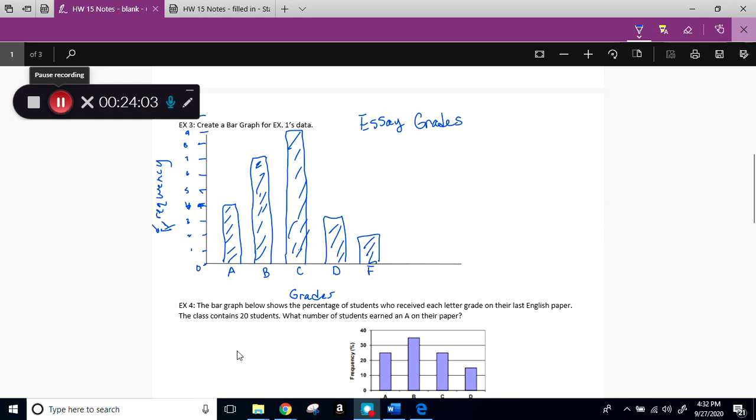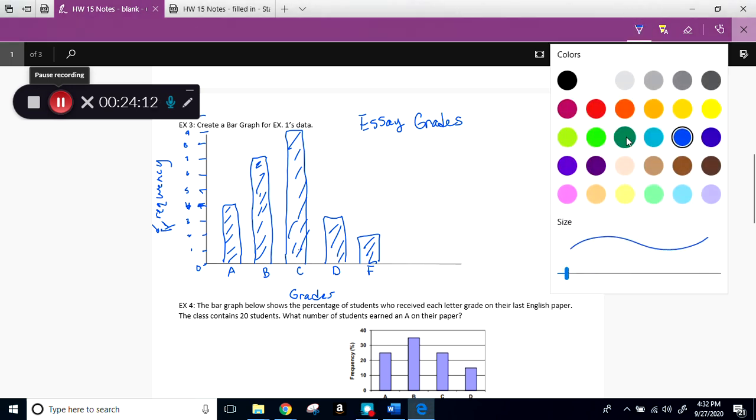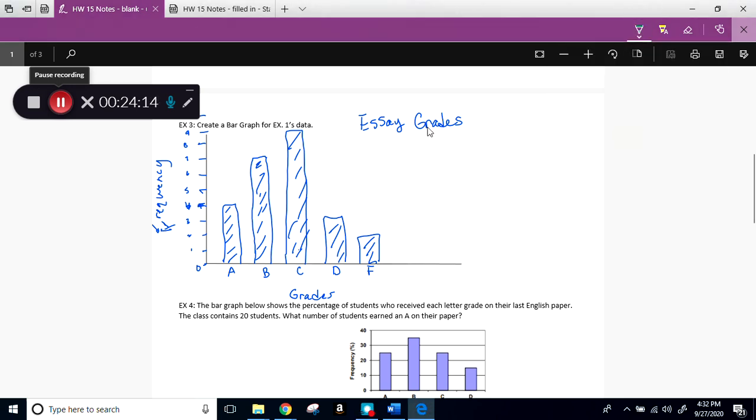Okay, so once you've drawn those in, you should see that they're not going to touch because it's a bar graph. You should put a title in and just make sure that the top of these match the frequency. So you should have the top one is a 4 here, 7, 9, and then what do we have? 3 and 2.